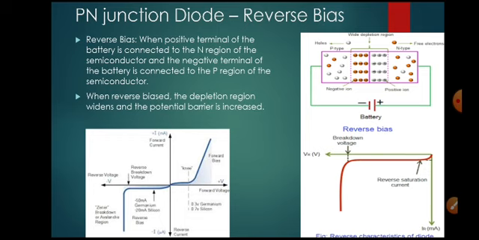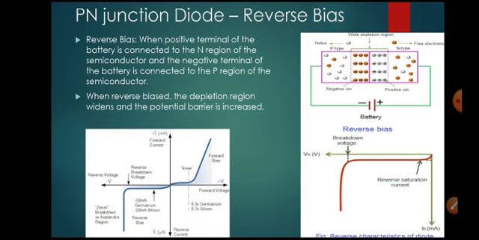The battery positive terminal goes with the P type semiconductor in forward bias, and battery positive with the N type is reverse biasing. So positive to positive, negative to negative is forward connection; positive to negative, negative to positive is reverse.